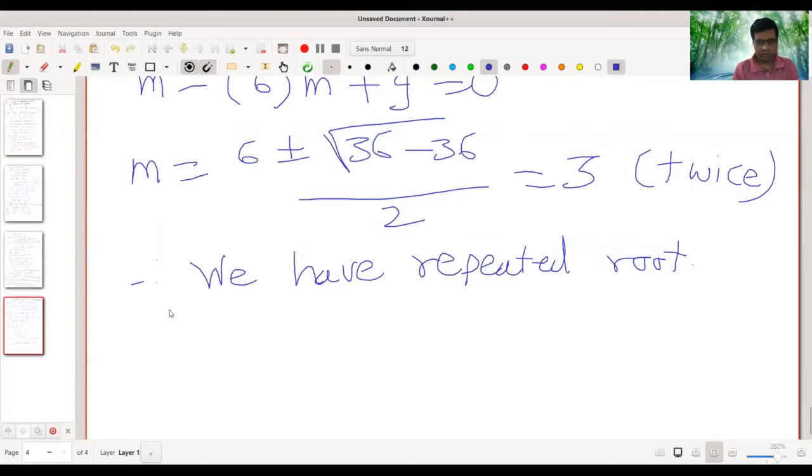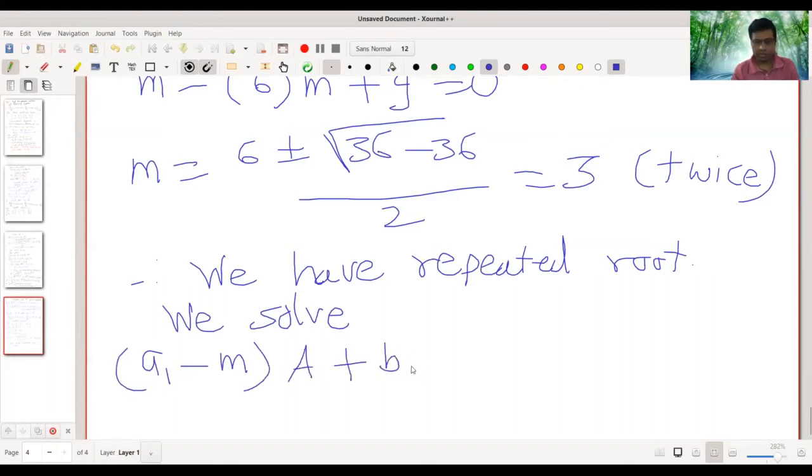So we solve a1 minus m into a plus b1 b equal to 0. Another equation is a2 a plus b2 minus m into b equal to 0. Both these equations are the same. These will produce a single independent equation.